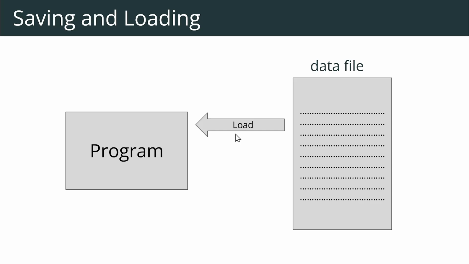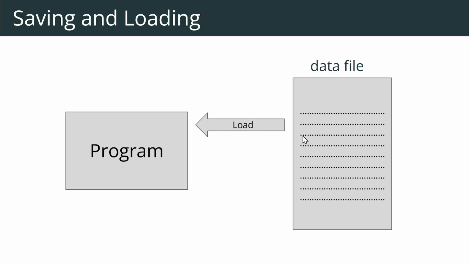This whole time in class, we've just been reading from standard input, like the keyboard. We would type something, press enter, and then it would go into the program. We would type something again, press enter, and then it would go into the program. So it's kind of the same thing. Instead of reading from the keyboard, we'll be reading from the data file.